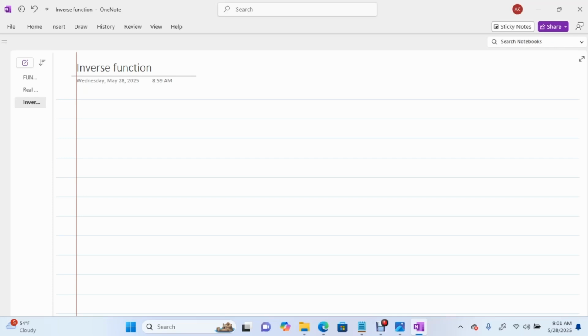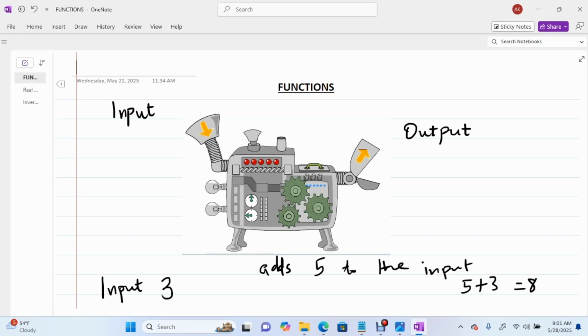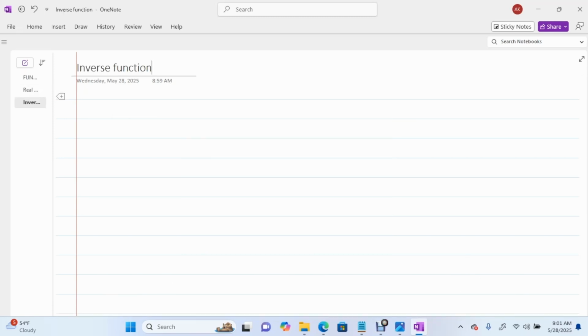Let me bring the first machine that we used. All it does is, when you give it an input, let's call this input X, it doubles it. So if you give it a 3, what will you get? 6, because it's going to double it.